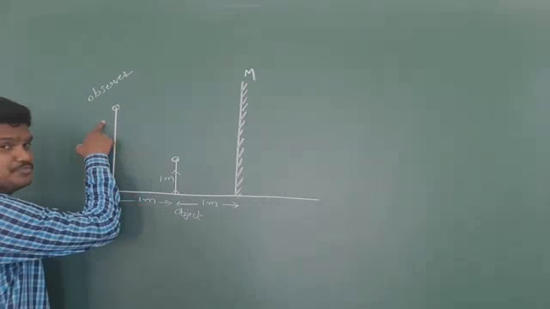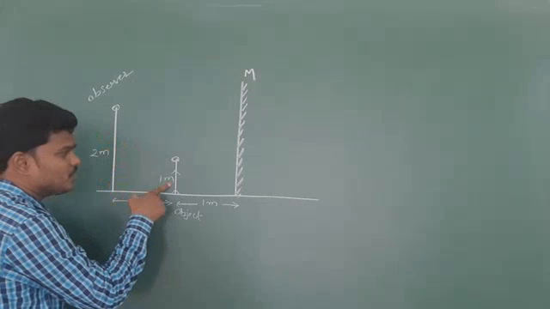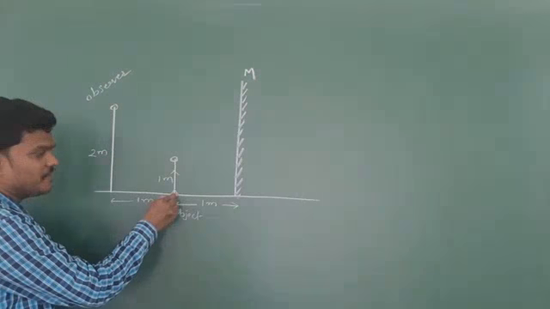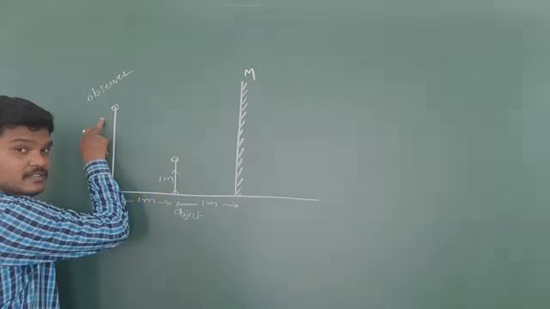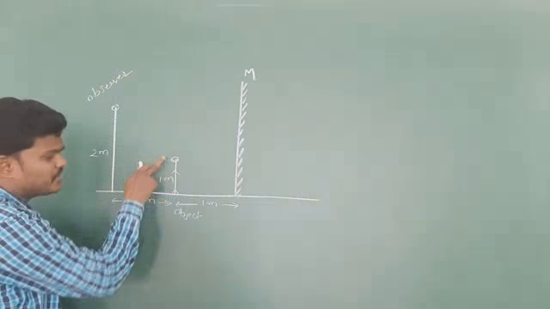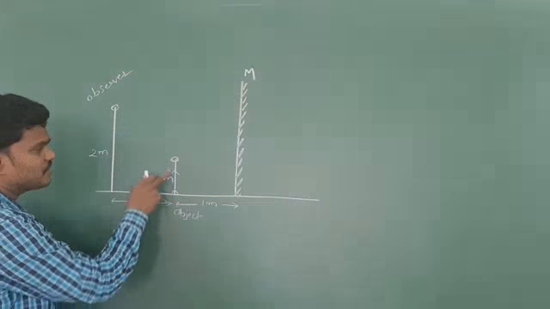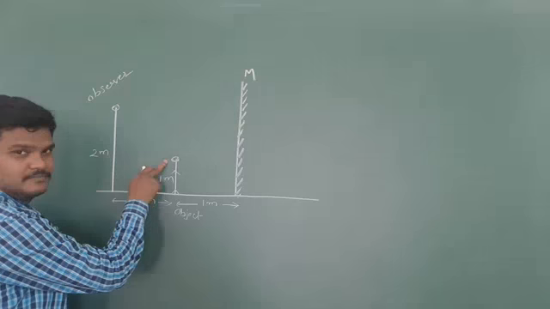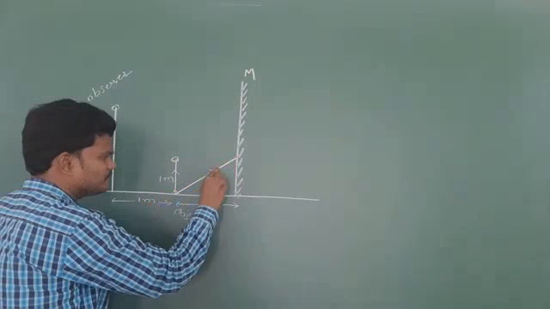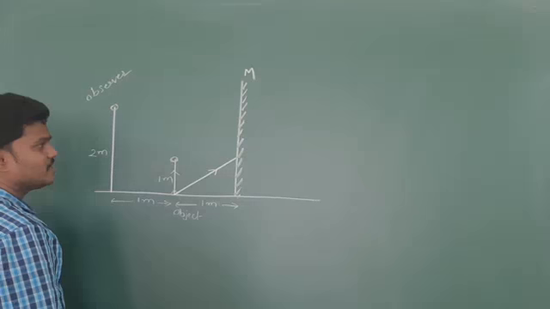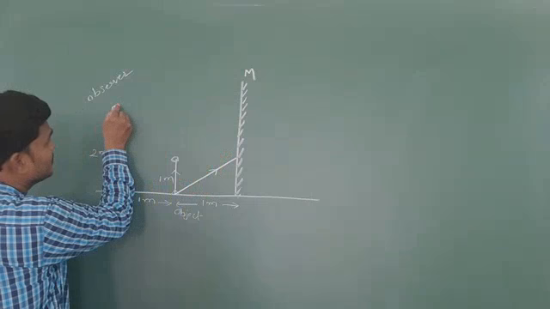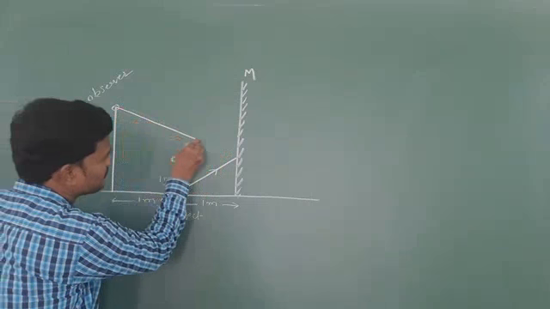The observer wants to see the image of this object. That means one of the light rays coming from here, because he wants to see the bottom of the object, the top of the object. If you want you can give them names A and B. Bottom of the object, top of the object, the boy. Here one of the light rays strikes the mirror, and after reflection it has to reach the observer's eye, the man's eye.